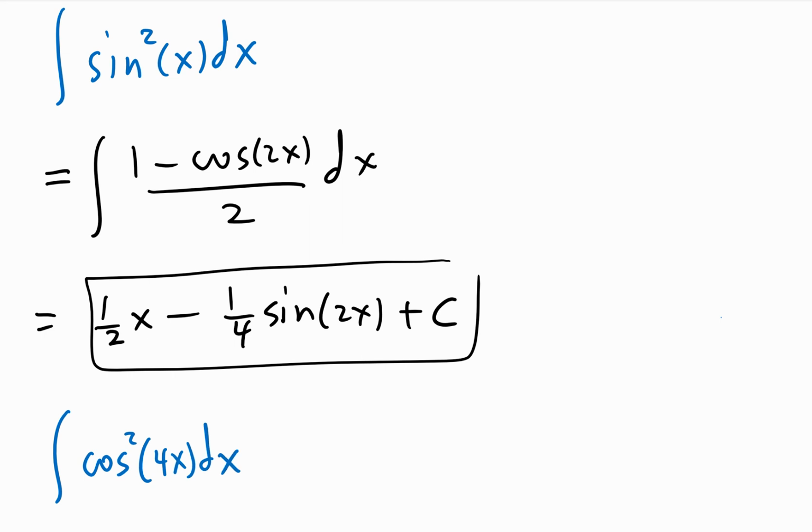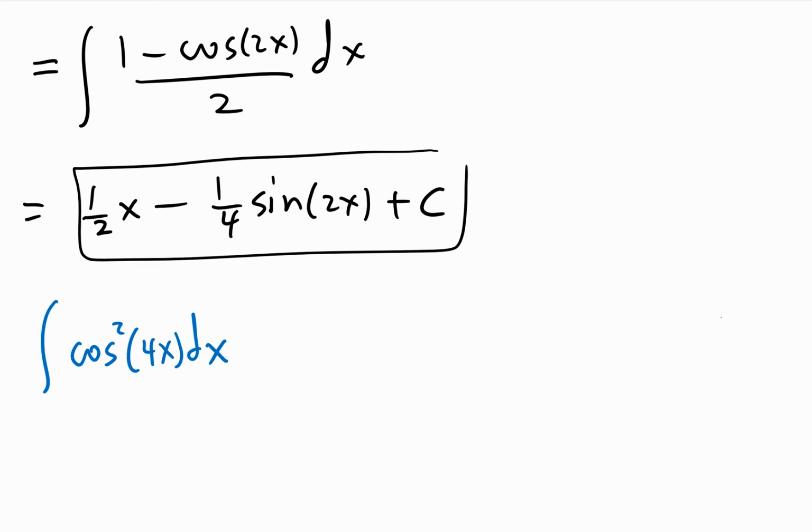Let's look at this one, cosine to the fourth of x. Again, the goal here is to bring the square down to a first degree trig function. We go back to the boxed formulas.